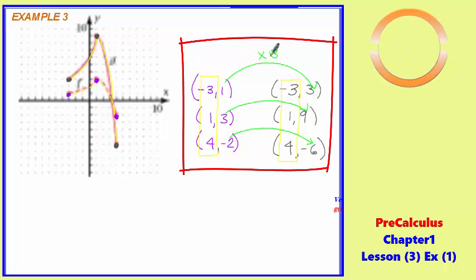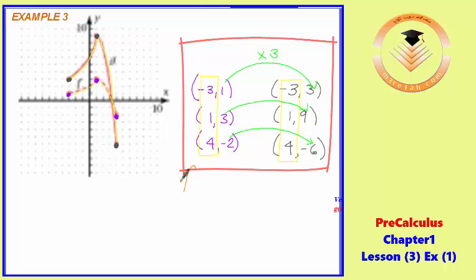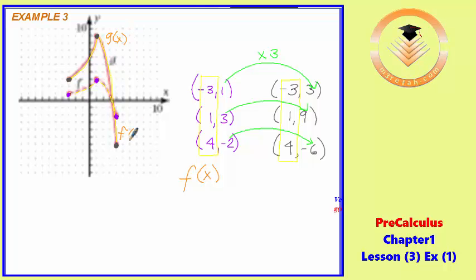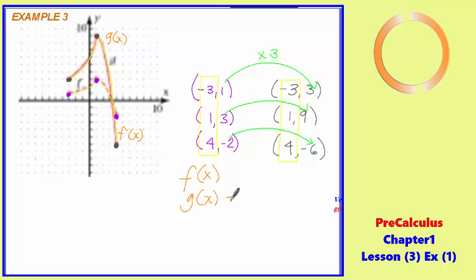Therefore, we could say that this graphical illustration is a vertical stretch or a vertical dilation. Since they are multiplied by 3, if our original function is f of x, and this is our g of x, then g of x has a vertical dilation multiplied by a factor of 3 on f of x.